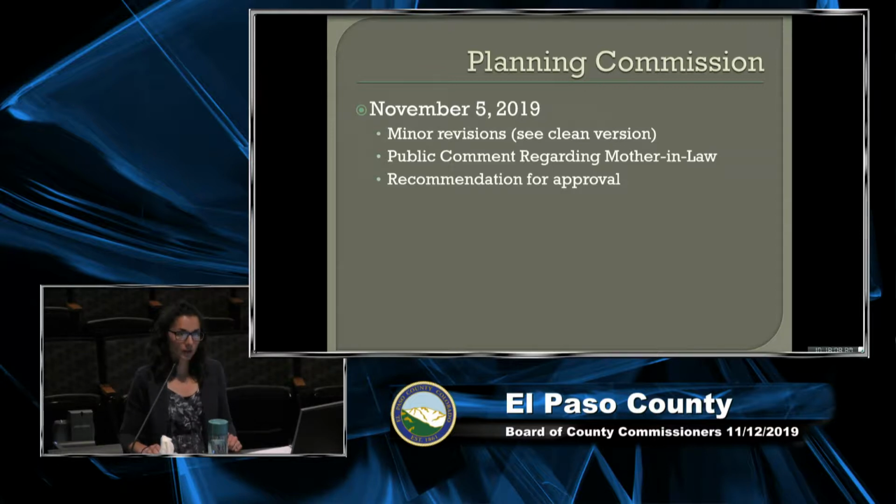And it's only where there is no entrance from the main house into the basement area that we would really consider it a mother-in-law, because we allow for as many related people as want to live in a single family dwelling. So the Planning Commission chose not to take that recommendation. They did ultimately make a unanimous recommendation for approval.